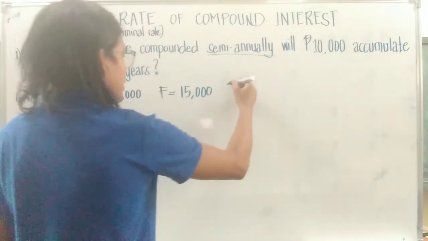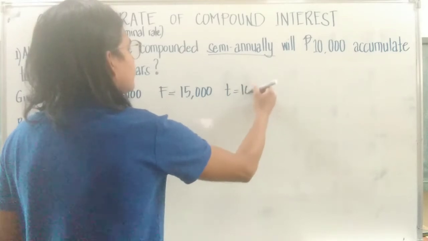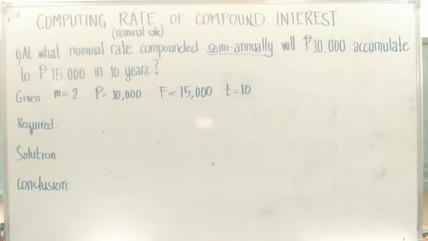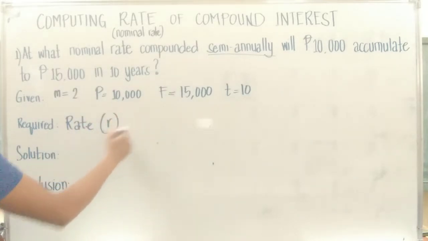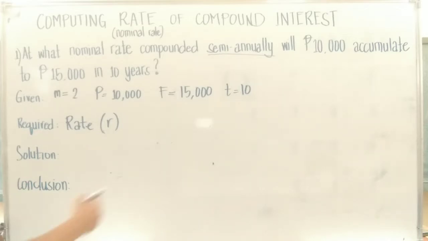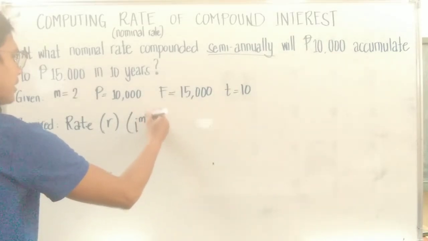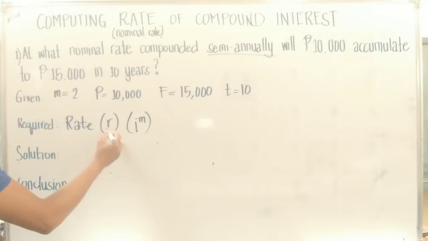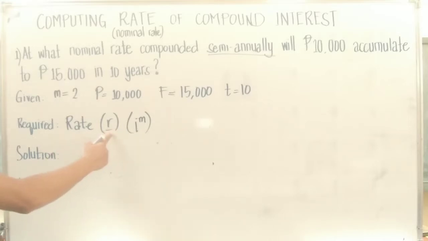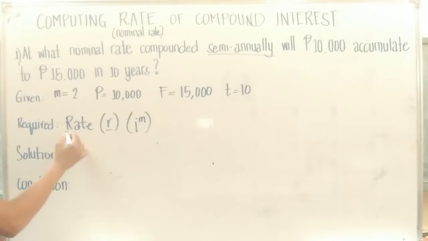Then 10 years, of course, is your T. The required in here is your rate, denoted by small letter R. In some other books, again, it's denoted by I raised to M, or any variable utilized in computing your R or nominal rate. But in my own case, I'm using R to denote your rate because the first letter is R. Okay?